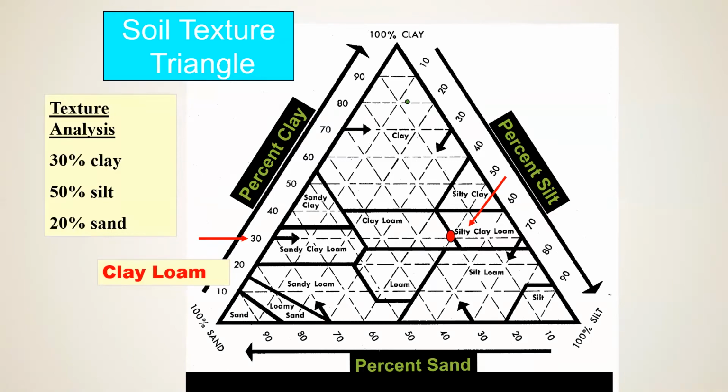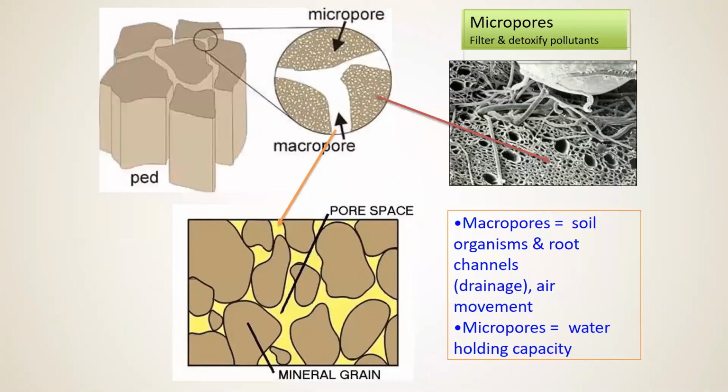And to take a closer look at what's happening within the pore spaces between the particles. Depending on the composition of texture, a soil will have more or less macropores and or micropores.